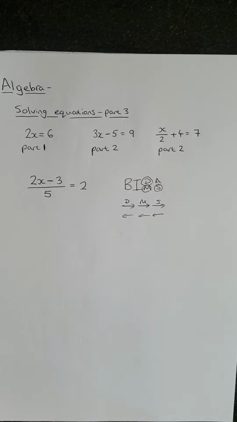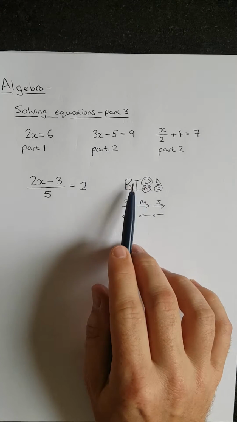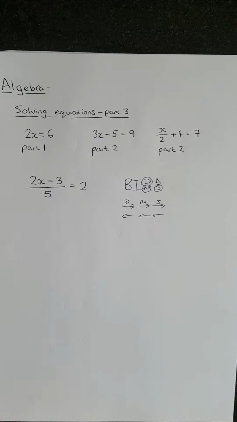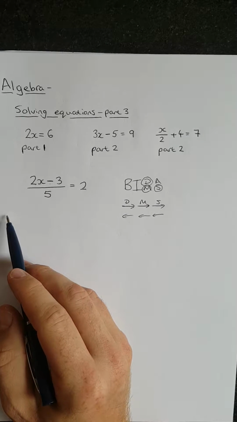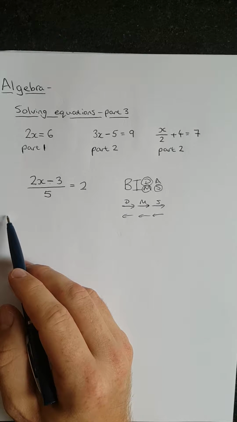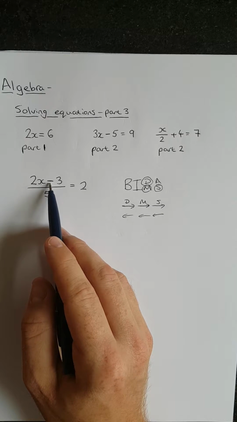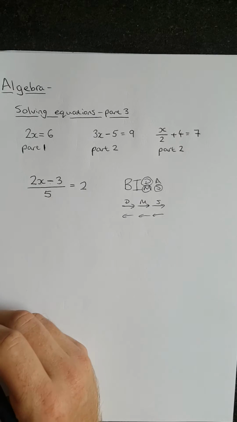Is that the case in this question? Or have we misunderstood how to do this? Well, let's go through these again. We've had a multiply, a subtract, and a divide.